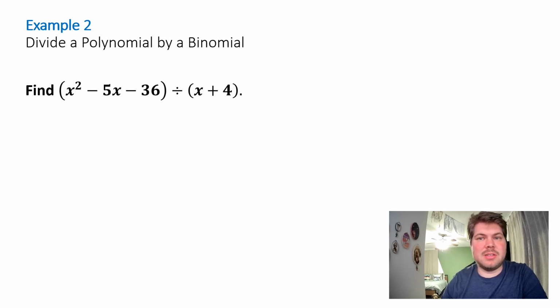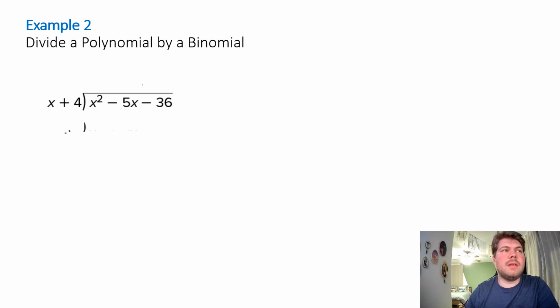This one's going to be just like the ones we just did, just using similar formatting to the book, but I added it a little bit. So we are going to see how many times x goes into x squared, and it goes into it x amount of times. And then x times x plus 4 is going to be x squared plus 4x.